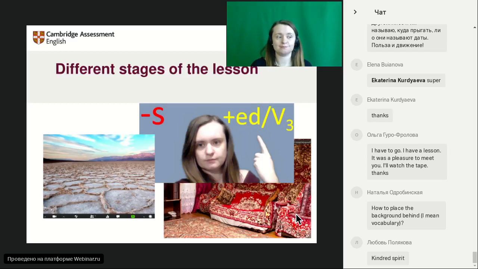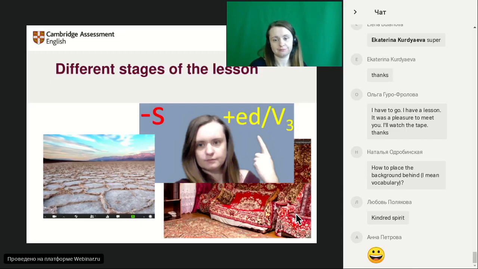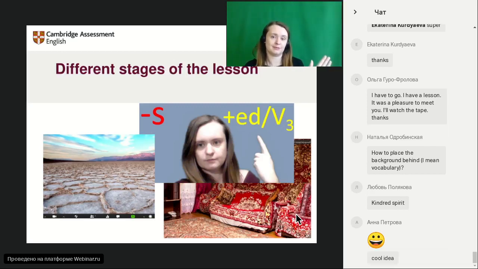It didn't work the first time, or the second time, but with time they got used to that. Now they know that if their teacher is sitting with these carpets in her background, she's ignoring the students and they need to talk to each other. So I'm not going to take part in the conversation at all. They have their question, they have the time limit.